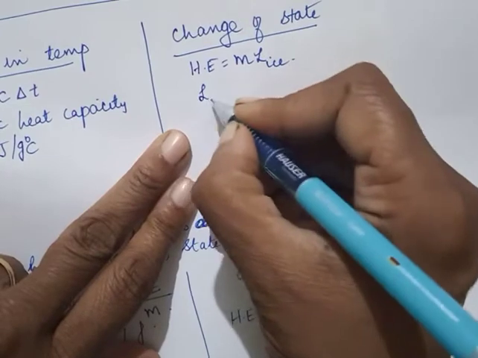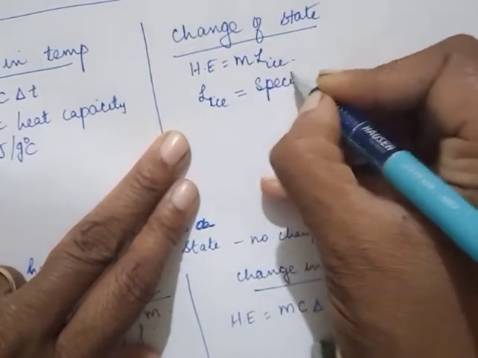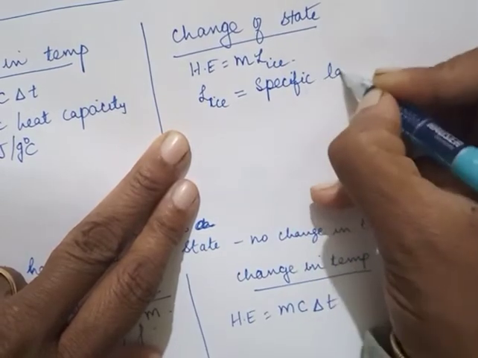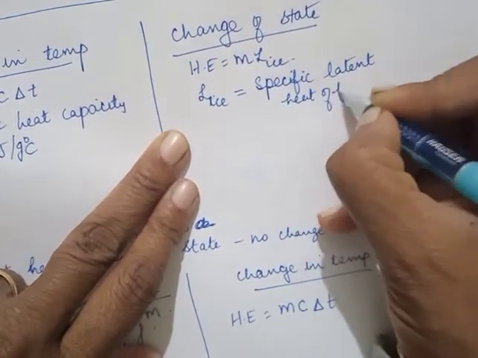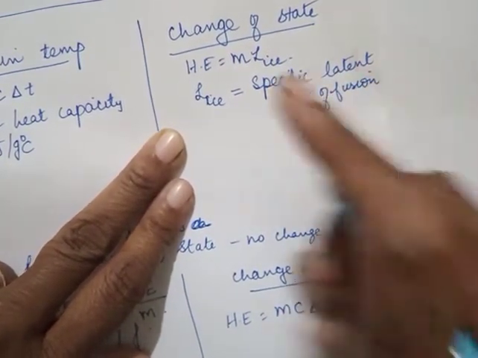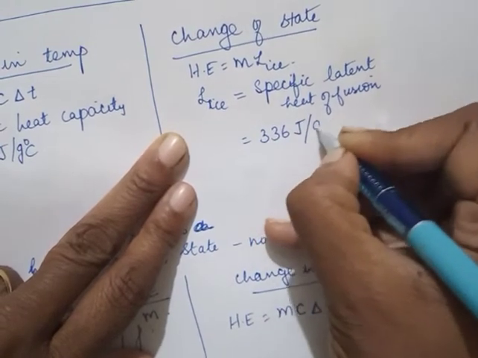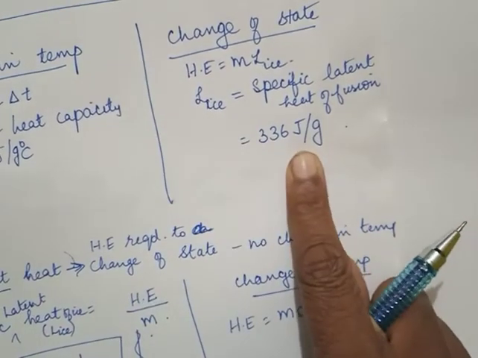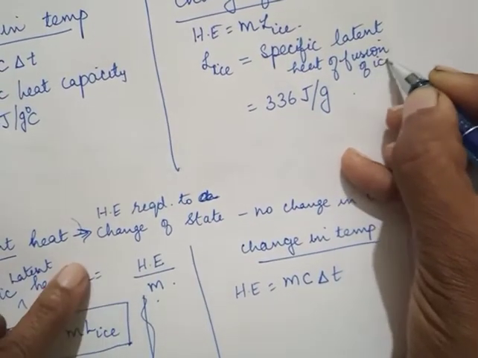And L of ice is the specific latent heat of fusion of ice, which is such a long term, and its value is 336 joule per gram. You know this value also.